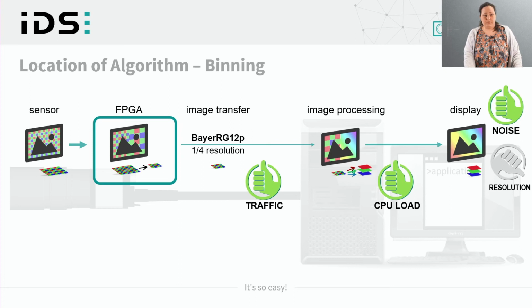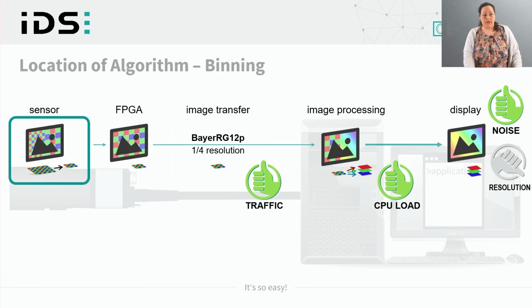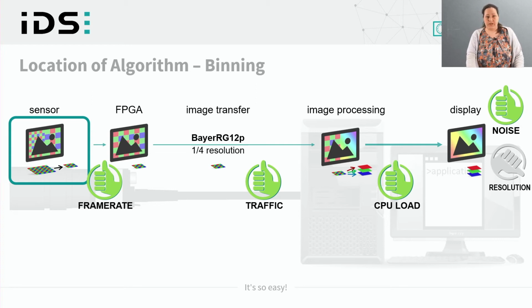So traffic is reduced. And last but not least, some sensors support binning as a sensor feature. Here the frame rate can be increased even more, because the sensor delivers only a quarter of the image pixels to the FPGA. So the whole process after the sensor is sped up.